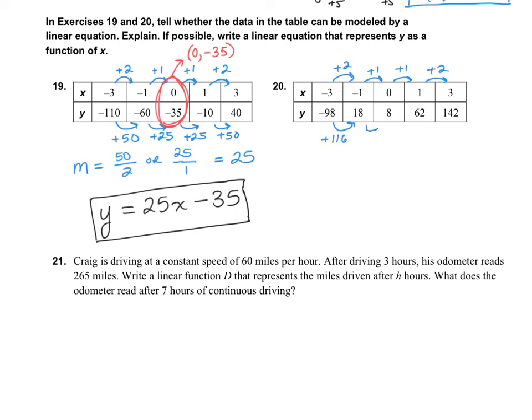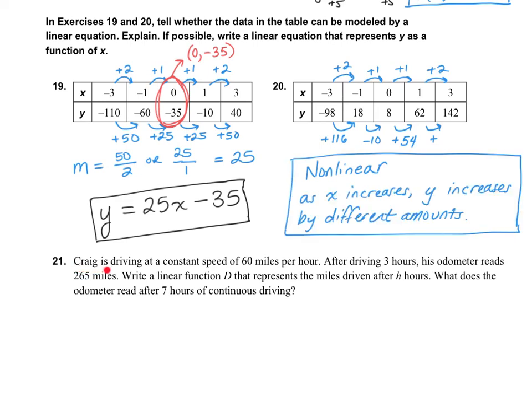The next one is minus 10, and then we are adding 54. And lastly, I'm not even going to bother finding this out because I know it's not going to end up being the same. There's no way these are going to be equal slopes. So this is nonlinear, and we know that because as x increases, y is increasing by different amounts.